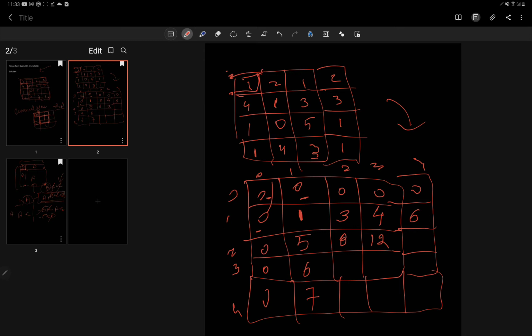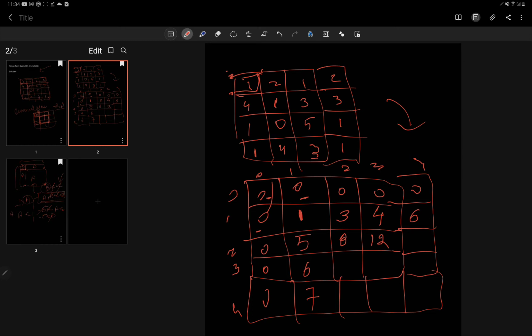They don't exist in this matrix. So in order to pass values that have coordinates, I have taken a bigger matrix, and these values are filled by default with 0 in the matrix. That's why I have taken one bigger matrix, my DP matrix, and here I have calculated the cumulative sum. I have filled in some values.